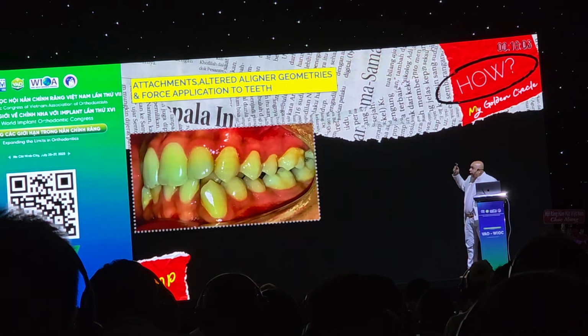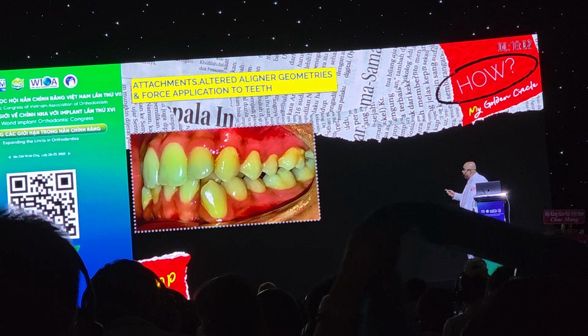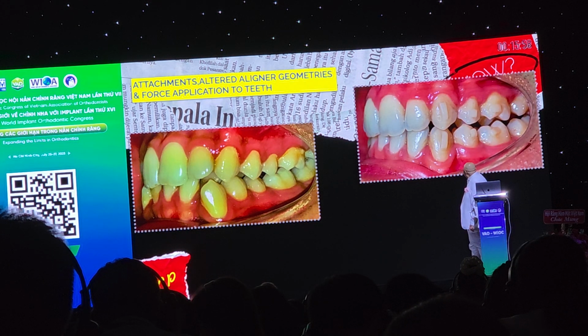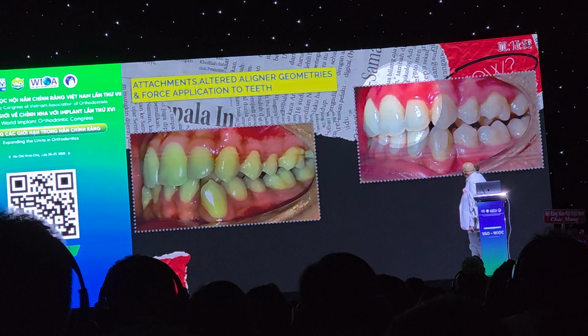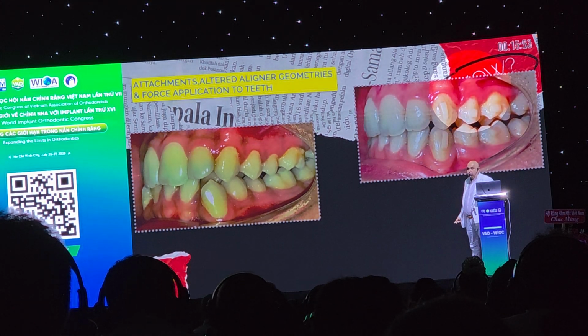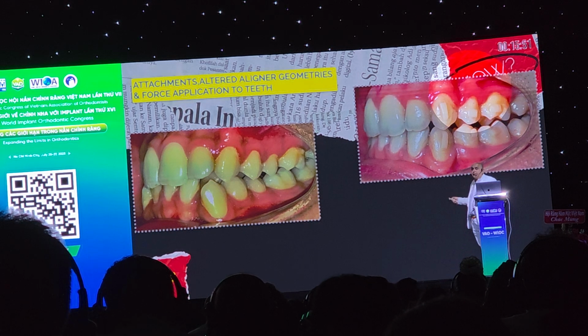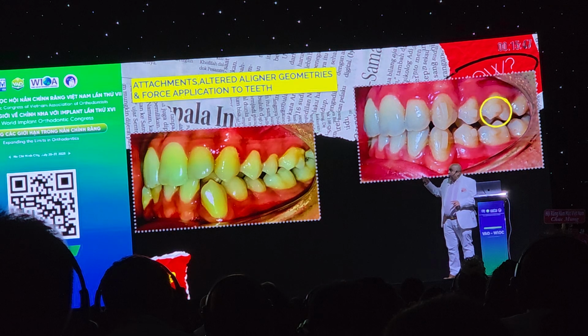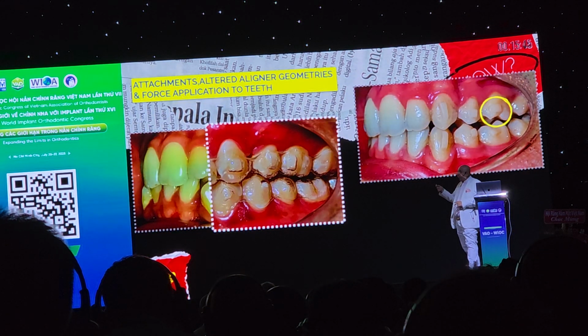In terms of attachments or altered geometries, this is an extraction scenario, and this was a default attachment pattern that I tended to use earlier. You can see my molar is absolutely dancing like a classical Indian dance pose. What do we do differently today?